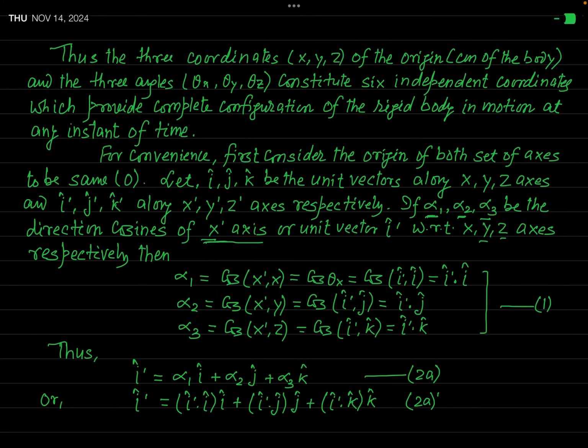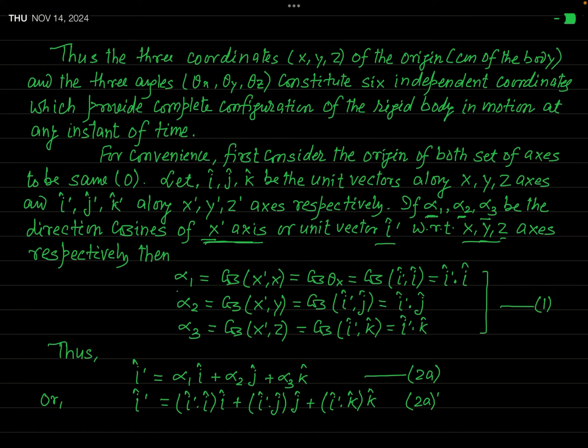Then how these direction cosines alpha 1, alpha 2 and alpha 3 of the x dashed axis, or you can say these are the direction cosines of unit vector i prime with respect to x, y, z, will be defined. You can see.